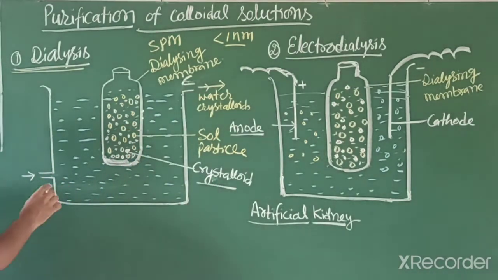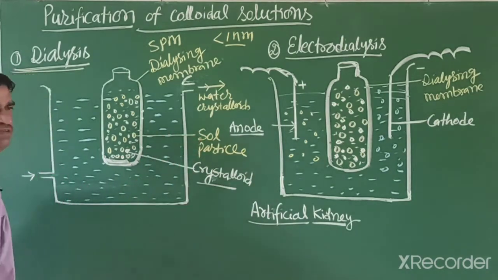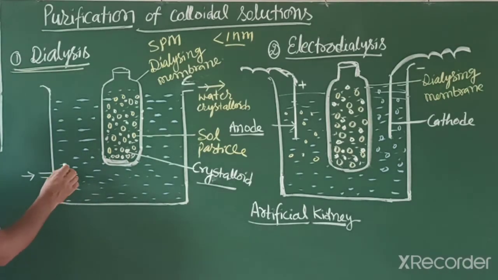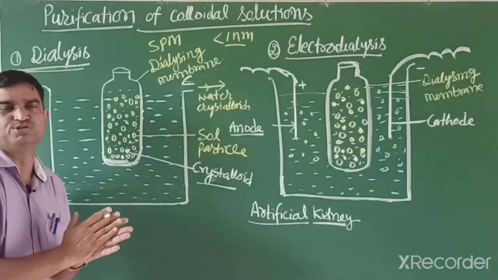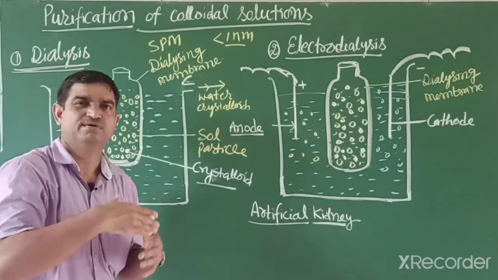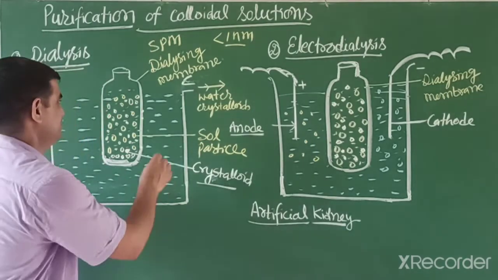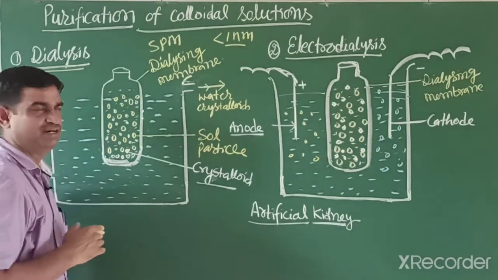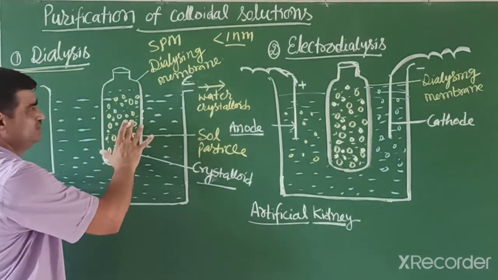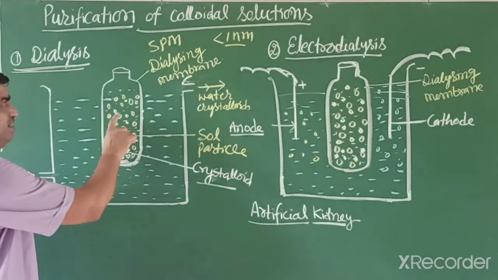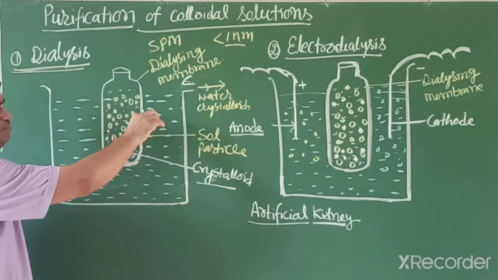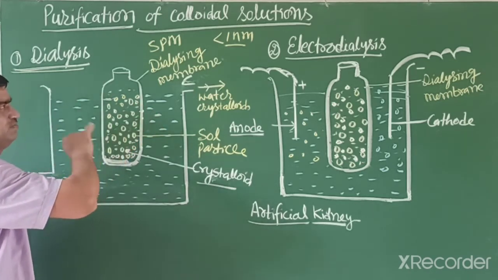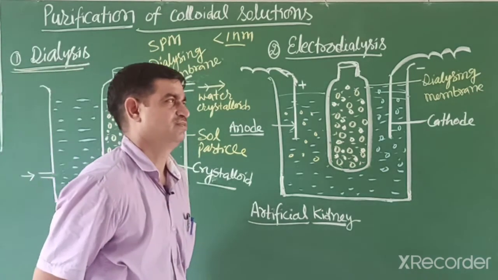When we pass water and the water is removed out, through the diffusion process, we know diffusion is movement from higher concentration to lower concentration. In this, solute particles are more, and in the fresh water there are fewer particles. So by that diffusion process, purification occurs. But the colloidal particles do not pass through the semi-permeable membrane. So in this way we can purify our colloids.